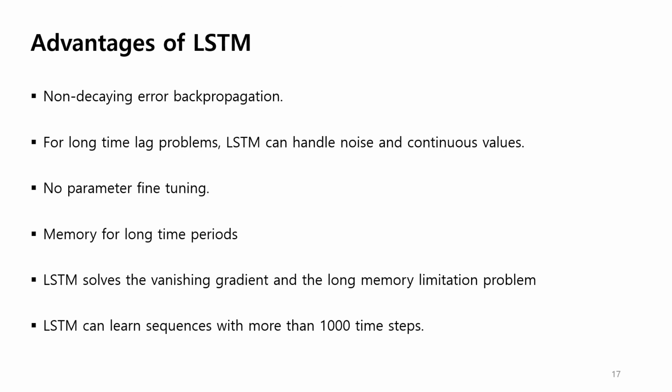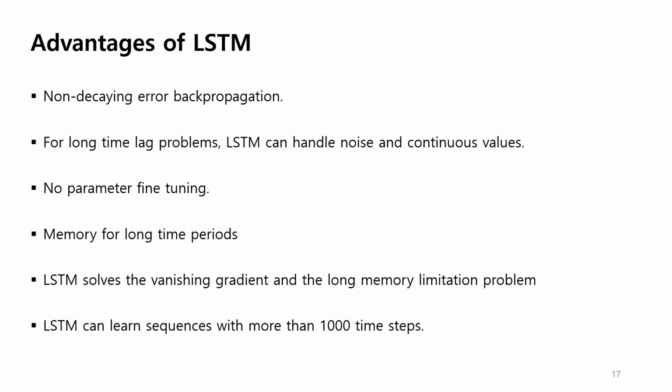So the advantage of LSTM is, first, the vanishing gradient problem is solved by using LSTM. It has a memory cell, so it actually stores some information from the past data. That way it can solve the vanishing gradient problem. It can remember the past data.